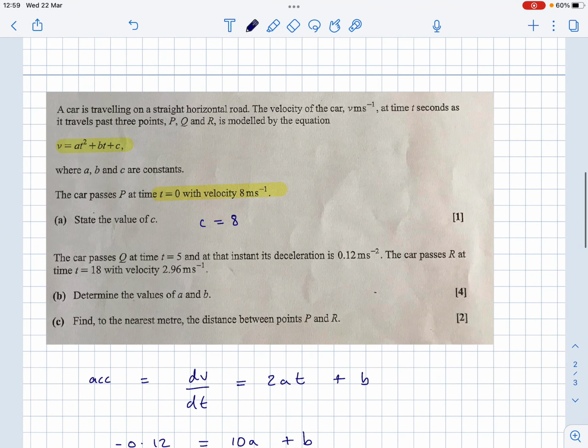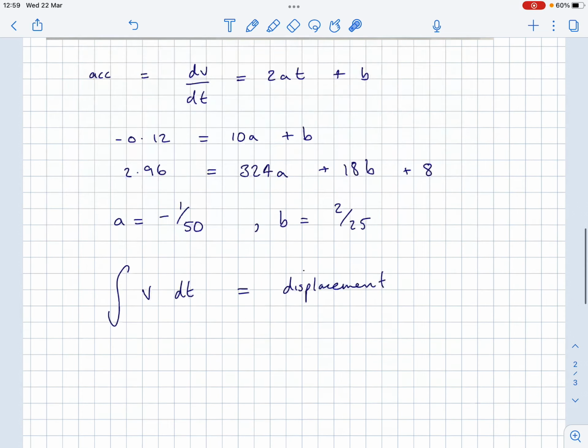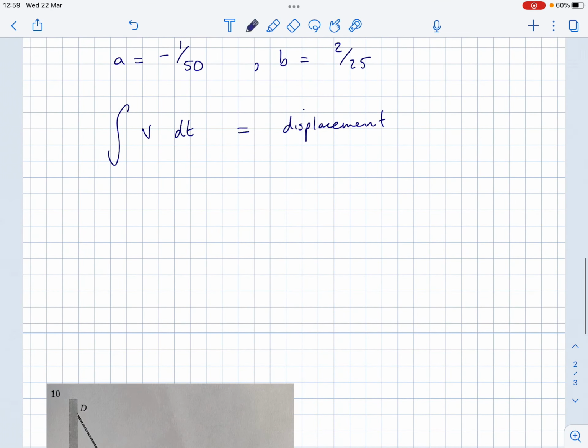Let's do it. So we want between P and R. P is at time equals 0. R is at time equals 18. So that's what we're going to integrate between.